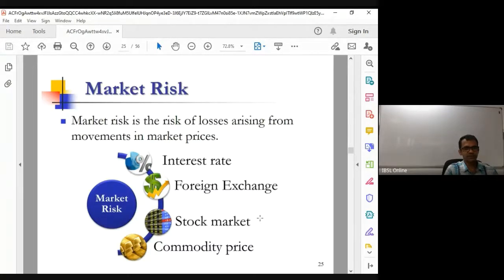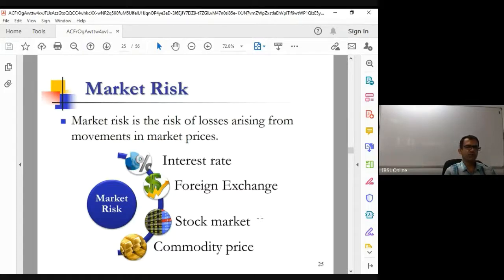When stock prices, equity prices change, that will give rise to risk to the bank or financial institution. Therefore, stock prices also lead to market risk.